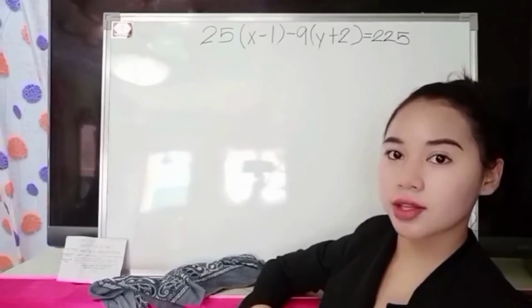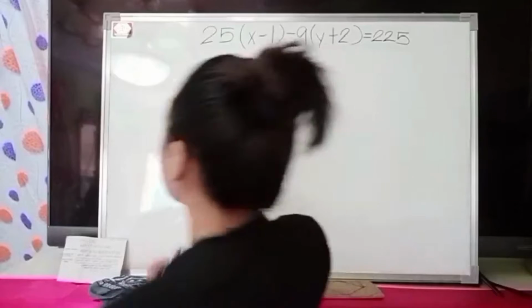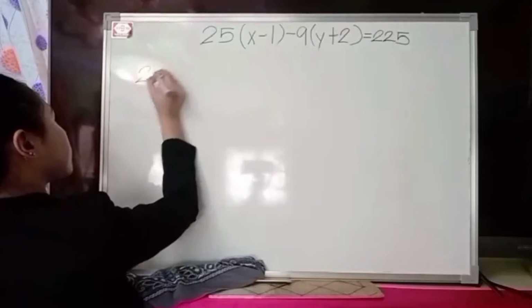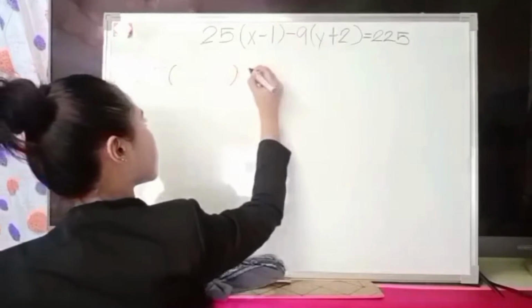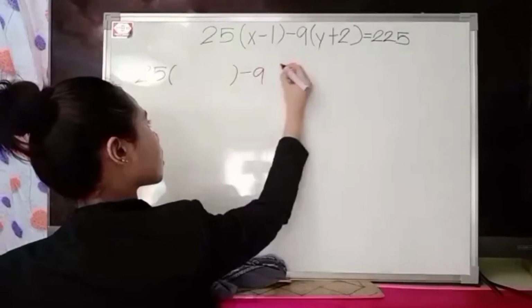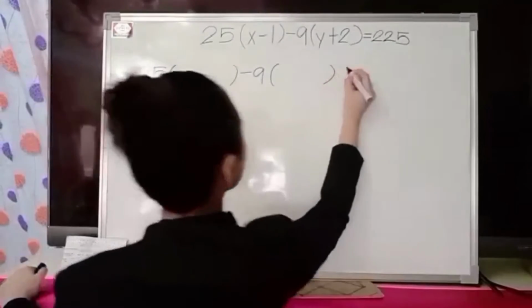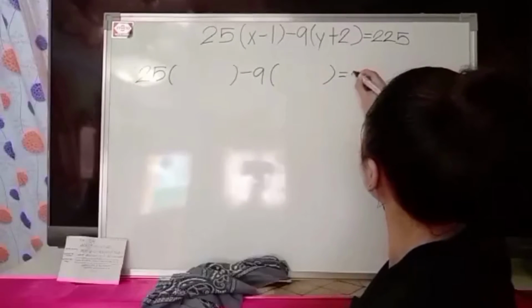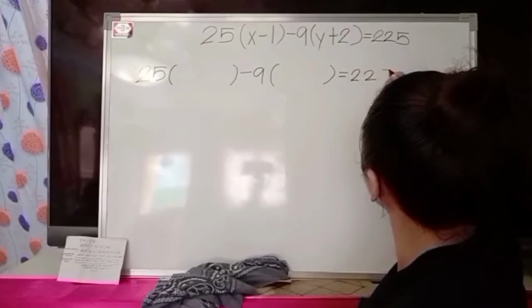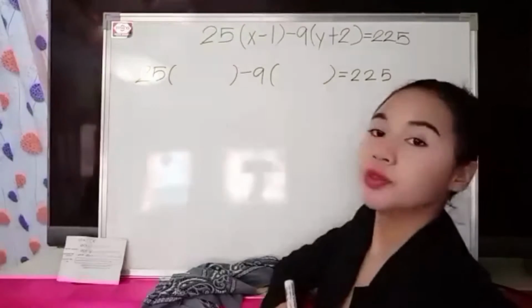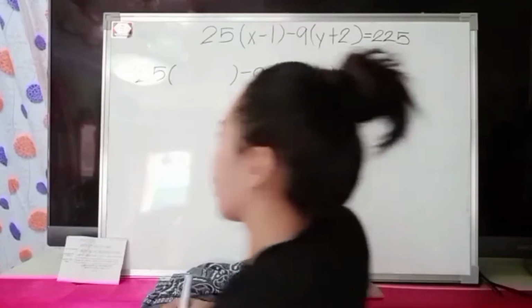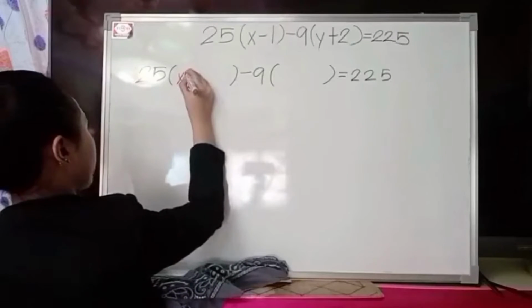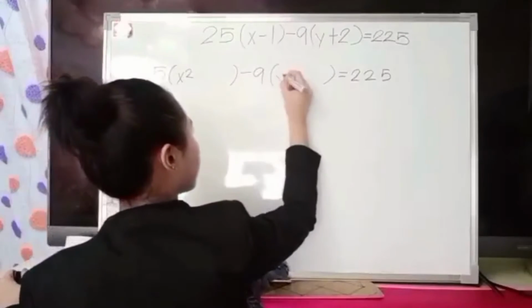Next is to expand. To do this, we have to square the first term, so it will become x squared and y squared.